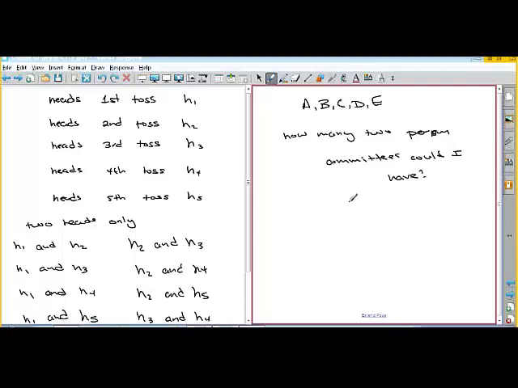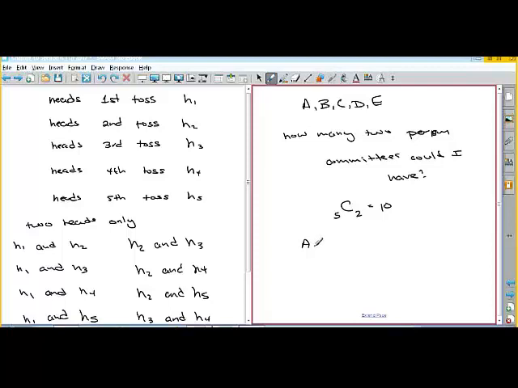Well, because I'm specifically talking about committees, I would say, okay, I've got 5 people, I'm choosing 2. That would be pretty straightforward. And this ends up being, I think, 10.